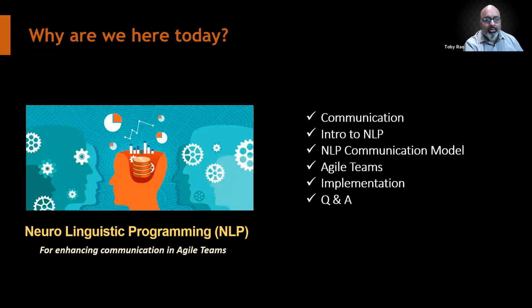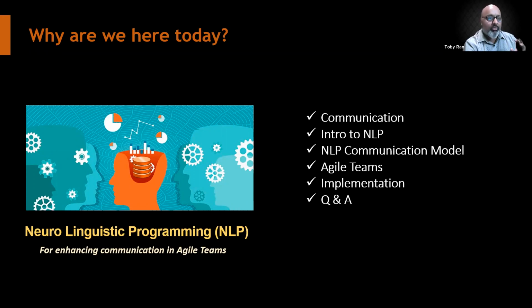So we're going to talk about communication, the importance of it, why we fail. I'm going to give a quick introduction to what NLP is. I know it's a scary three-word phrase, but we're going to talk about that. But our focus today is NLP's communication model. There is a whole lot more to NLP than just the communication model.